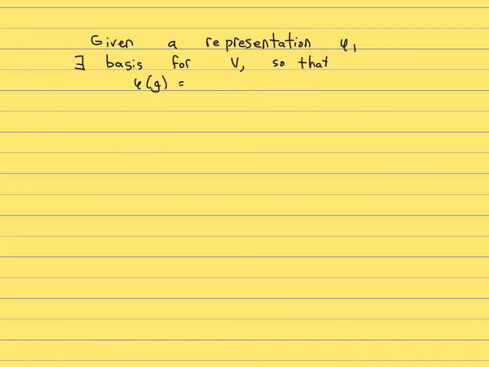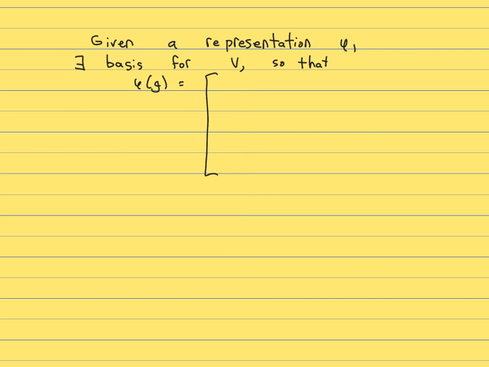So then the same thing is true for representations. Given a representation phi, this means that there exists a basis for your vector space so that phi of g is block diagonal.